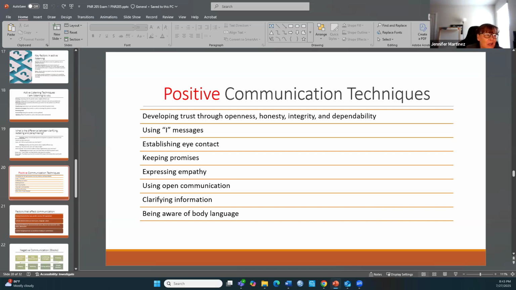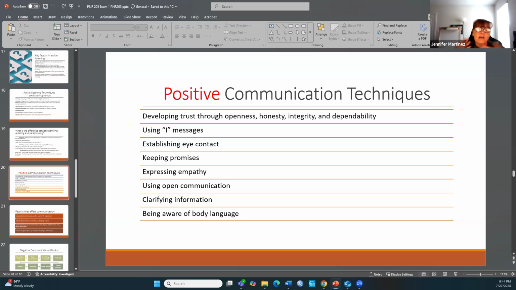So like my wonderful wandering patient, I could say, I feel uncomfortable when you're wandering the unit and crawling in and out of other people's beds all night. Not that he would understand, but it would be an I statement, right? So we're not causing anybody to become defensive.